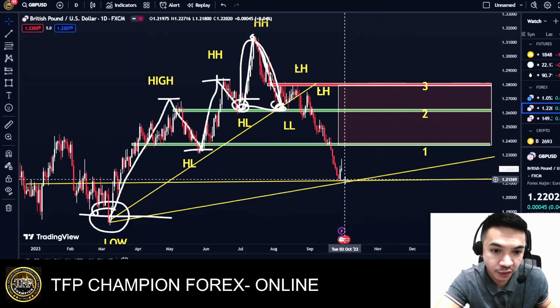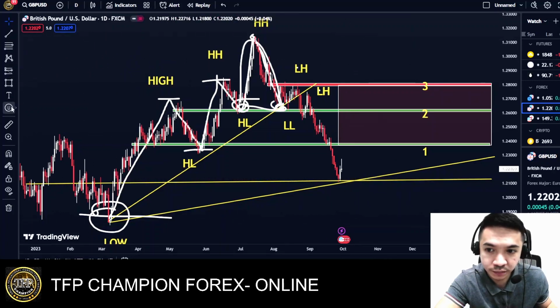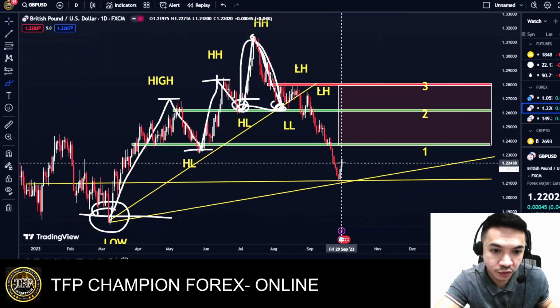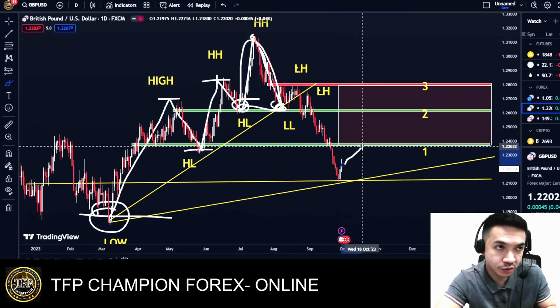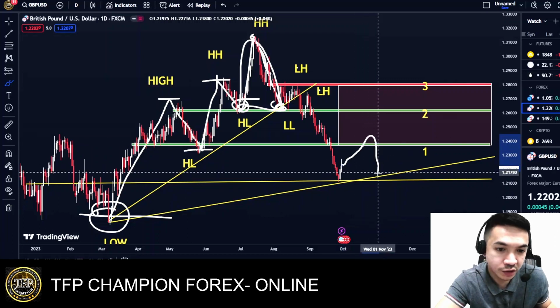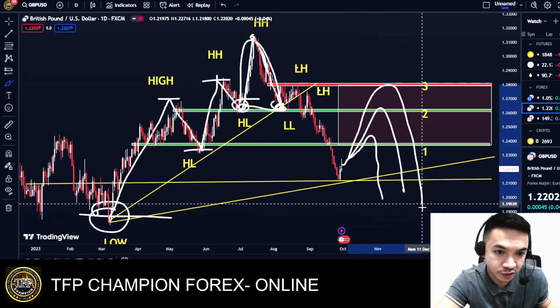However, the market is here, so you're expecting a short-term move pataas. That is your buy opportunity pag pumunta ka ng lower time frame before looking for a short position. These are all areas of opportunities.